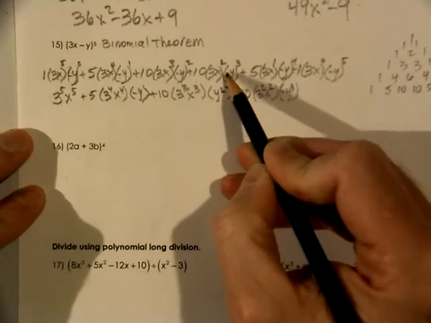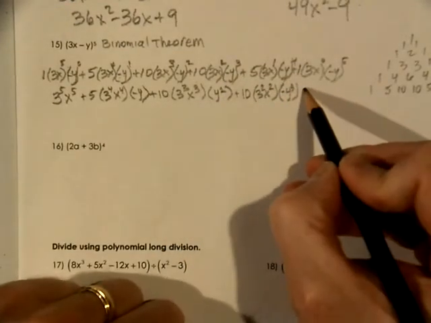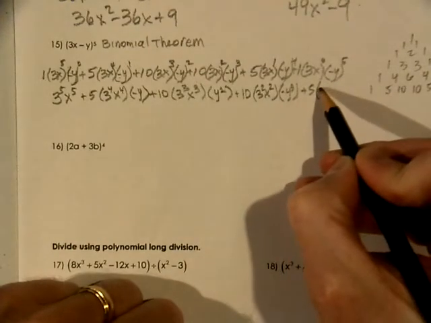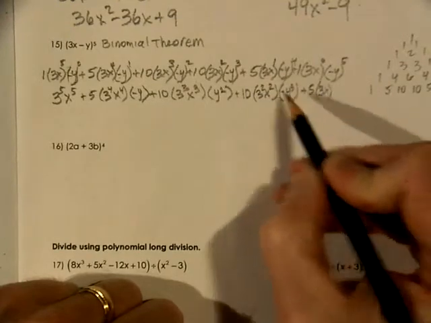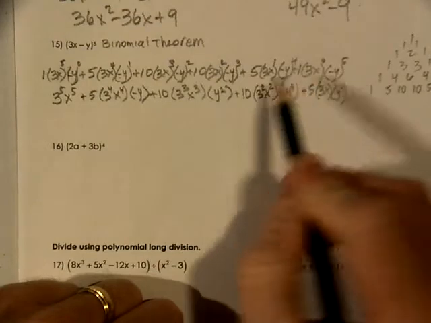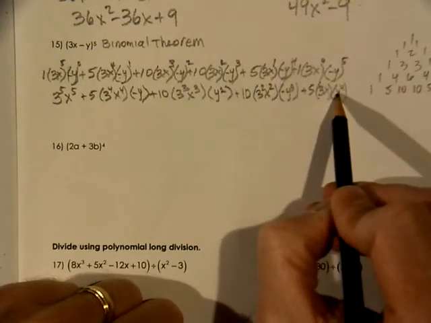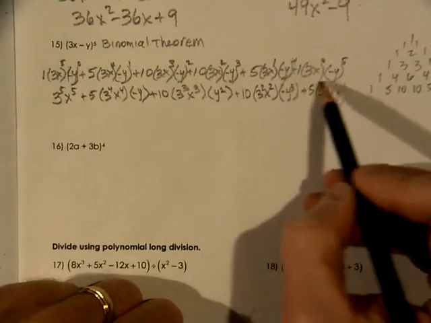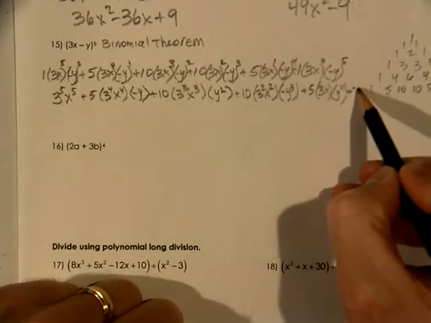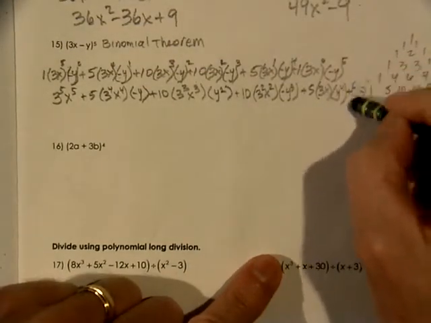A cube, negative, negative, negative is still going to be a negative. To the 1st power doesn't change it. To the 4th power is going to turn that to be a positive, y to the 4th power. And this one just becomes negative y to the 5th. Well, you could put the 5 inside, I guess.